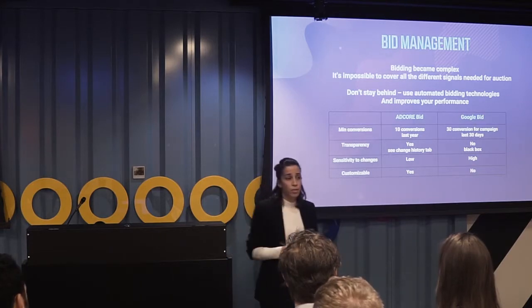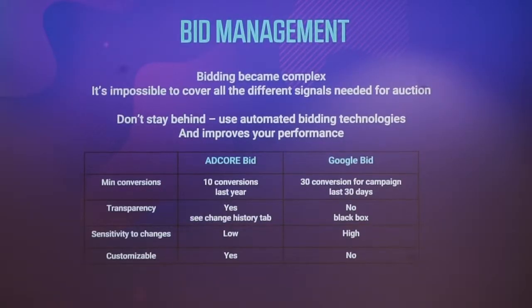We did notice that there are some big challenges to start using the smart bid Google offers you. So our algorithms work a little bit differently. I think these are the big differences between them that might be interesting for you. The biggest challenge is the minimum threshold of conversions.